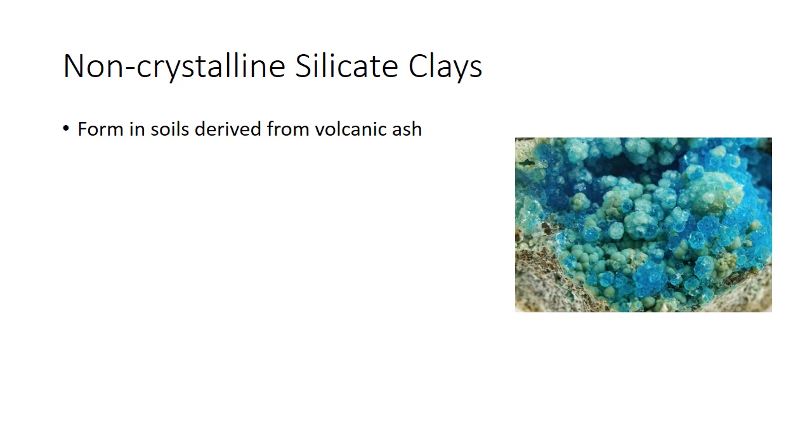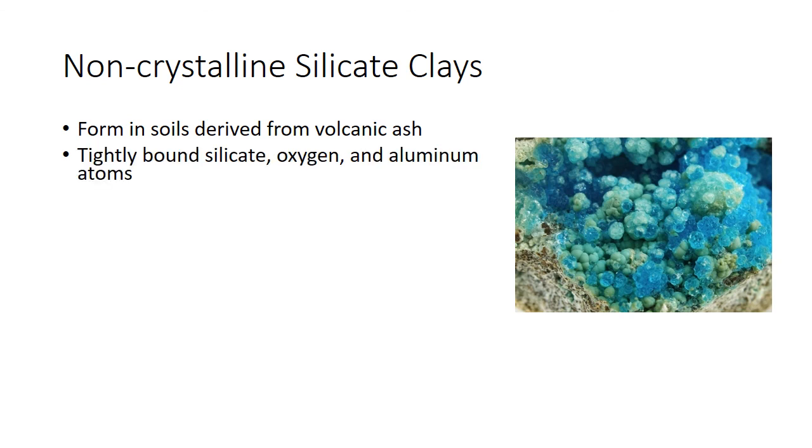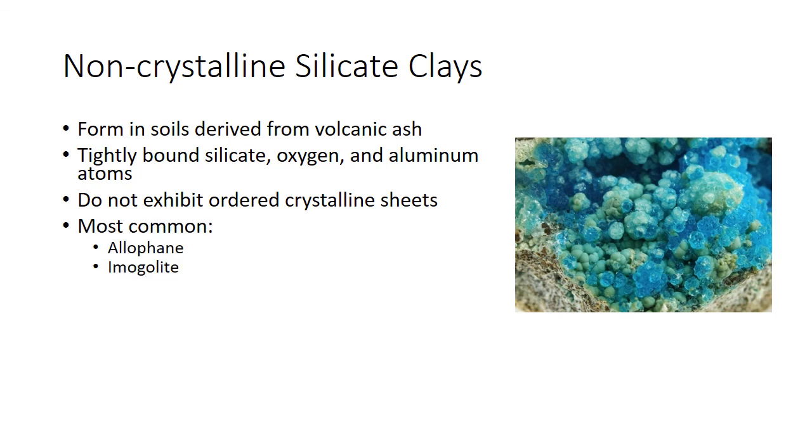And so there's a lot less organization. And we end up with a lot of tightly bound silicon, oxygen, and aluminum atoms, the building blocks of what makes our regular clay colloids, but they don't exhibit any ordered crystalline sheet. Some common examples include allophane and imogolite.